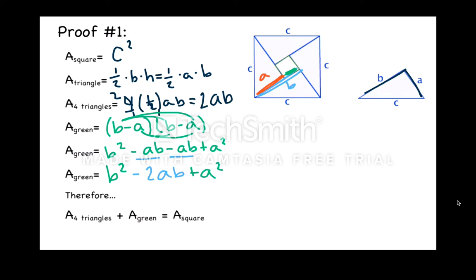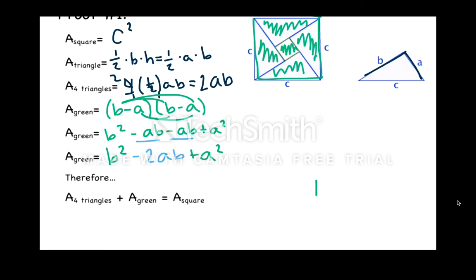So I know that the area of each part of this square is equal to the area of the square. So the area of the four triangles plus the area of that inside square is equal to the area of the whole square. So I'm going to set that equation up and set them equal to each other.